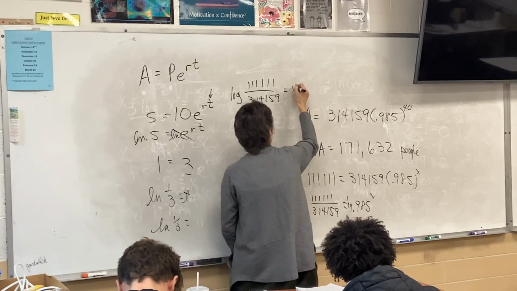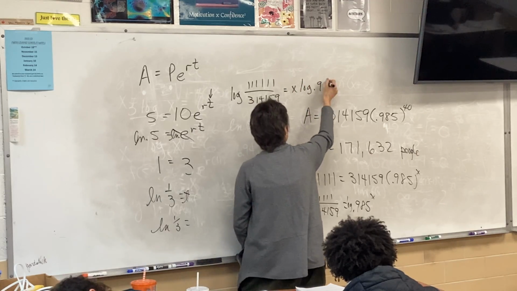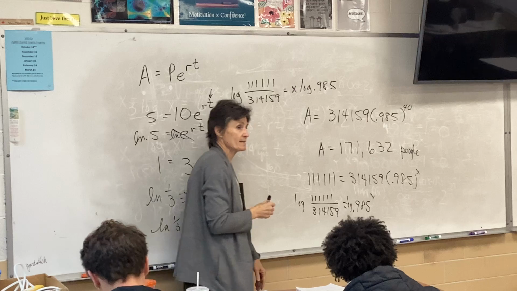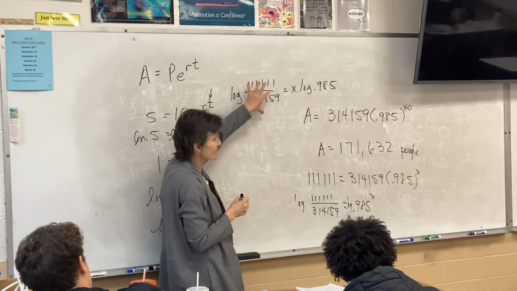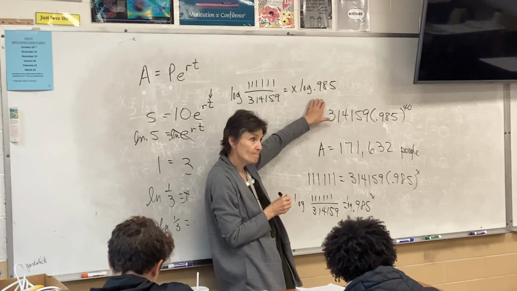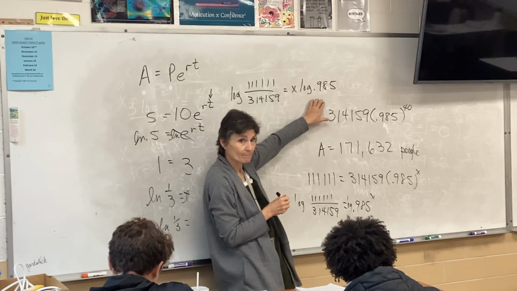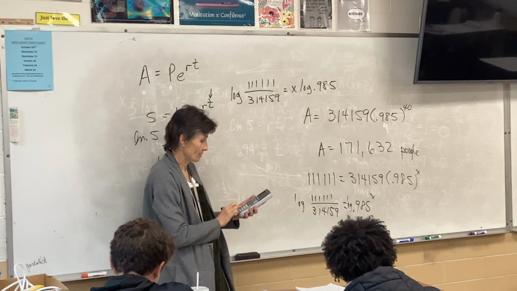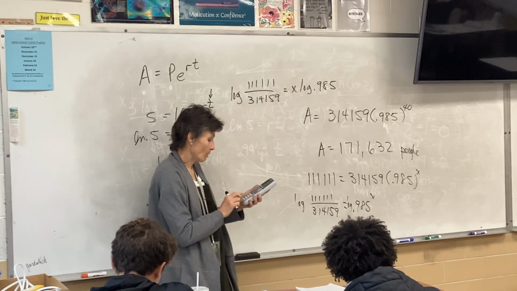And that's going to equal X log 0.985. I really don't want to write all this out again. I'm going to take this logarithm right here and divide it by that logarithm, right? And that's going to be my answer. Well, it's going to be almost my answer.